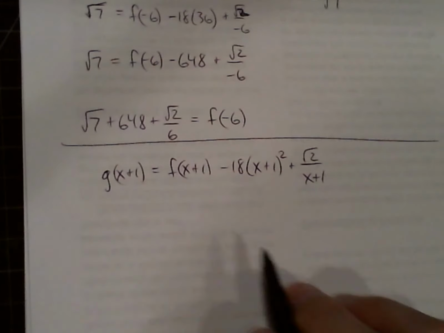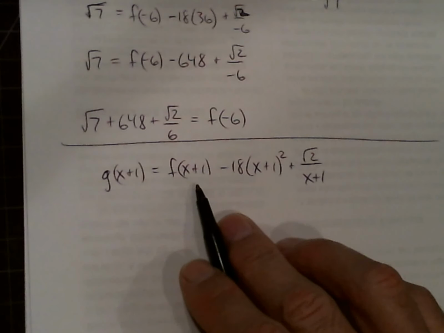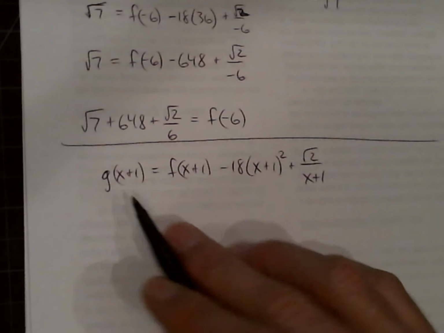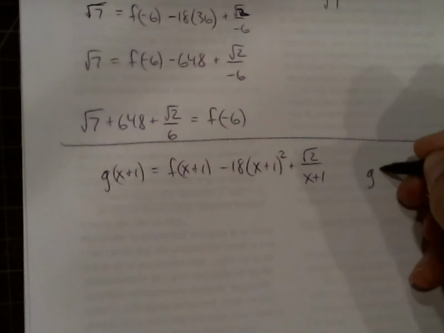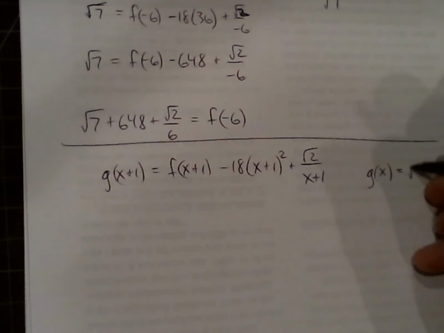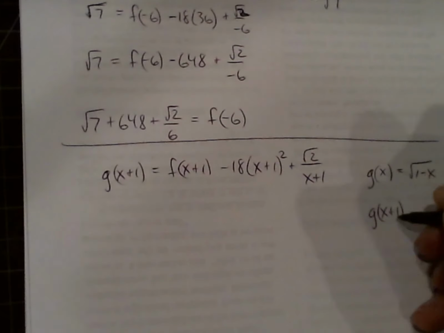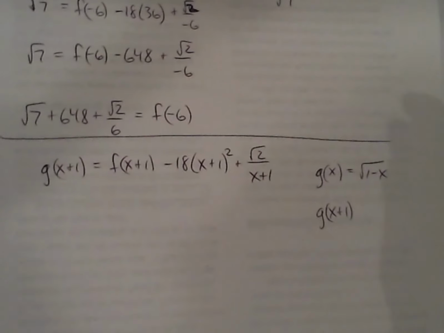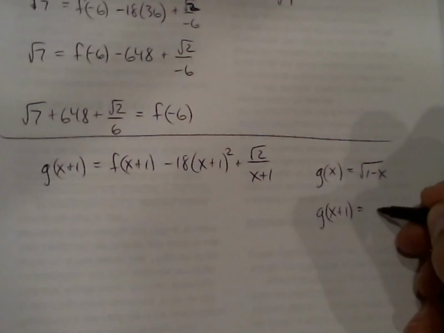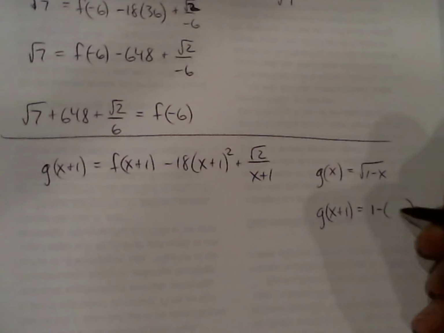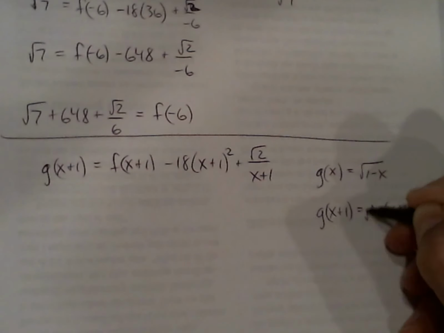And we just want to get f of x plus 1 by itself, and we have to replace this. So g of x, and then we'll say g of x plus 1 equals 1 minus x plus 1.